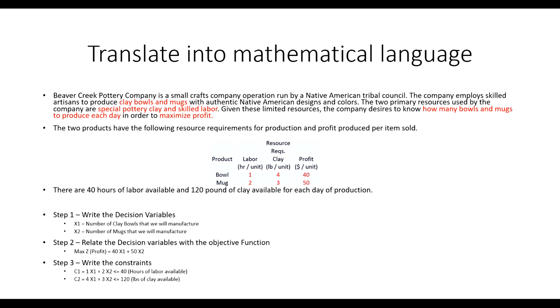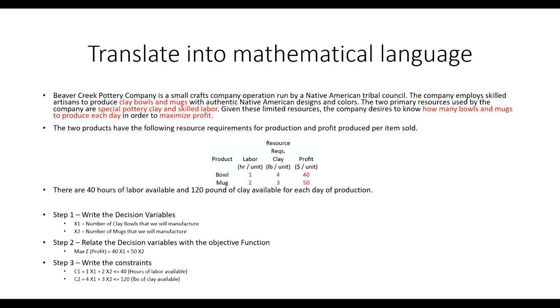We have 120 pounds of clay available: 4 pounds of clay for every bowl and 3 pounds of clay for every mug. The total must be less than or equal to 120 pounds of clay. So this is all of the relevant information from this natural language question.